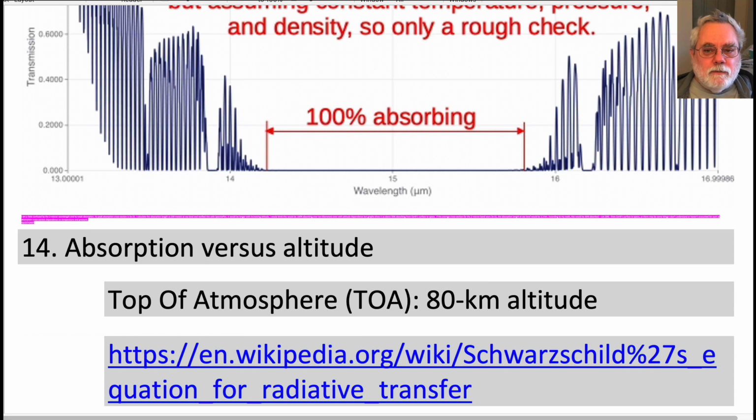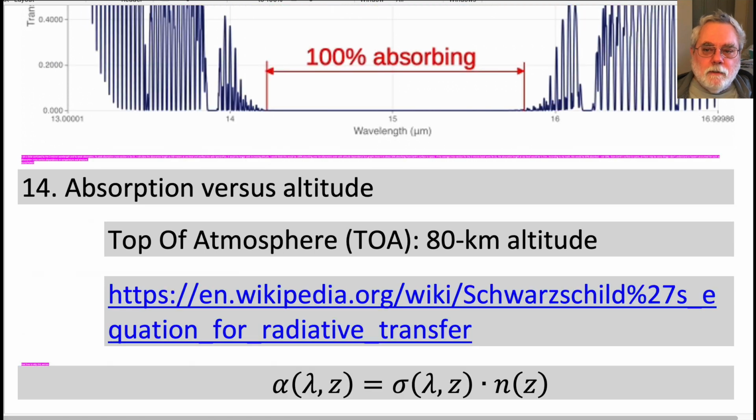Some of this may not interest you, so feel free to skip to the next section. The absorption coefficient at some wavelength is the product of the absorption cross-section and the number density. All quantities are functions of altitude.